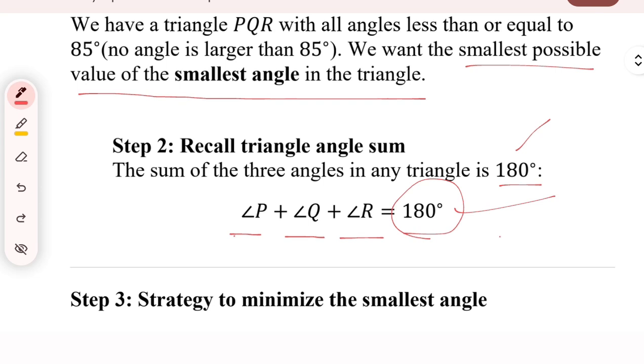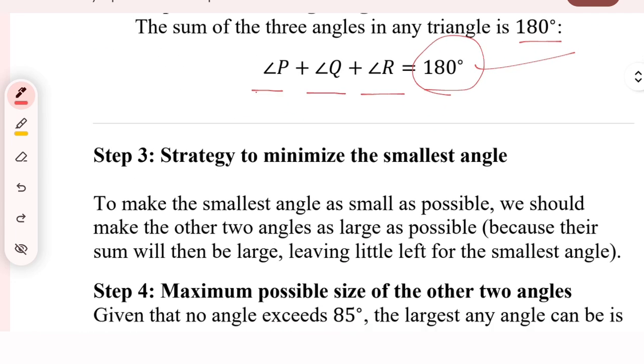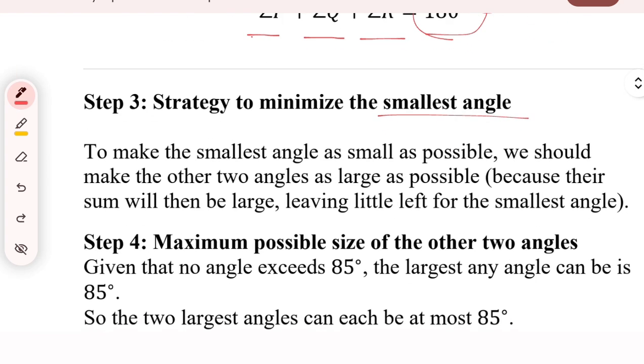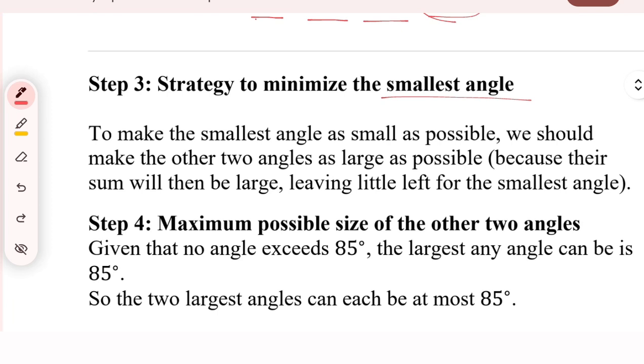That's step 2. Step 3 is we will minimize the smallest angle. That's our strategy. We need to compute the smallest angle. To make the smallest angle as small as possible, we should make the other two angles as large as possible. That makes sense, because their sum will be large, leaving the last one to be the smallest angle.